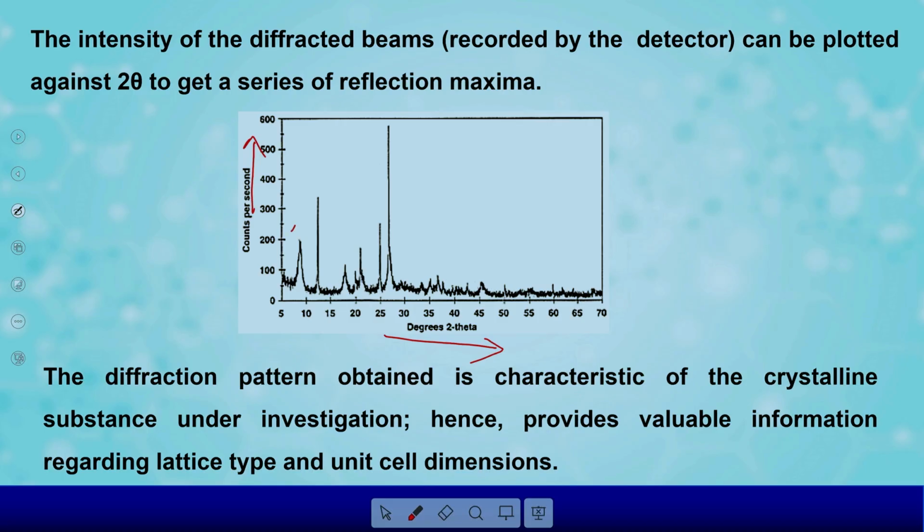So, these diffraction peaks correspond to reflections from various planes such as 100, 110, 200, etc. The diffraction pattern obtained is a characteristic of the crystalline substance under investigation, and hence this provides valuable information regarding the lattice type as well as the lattice parameters.